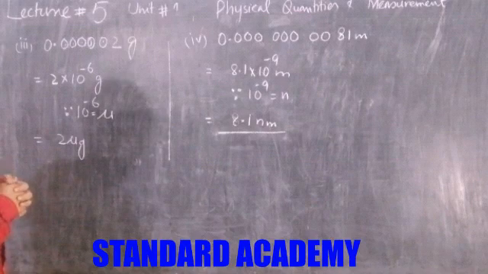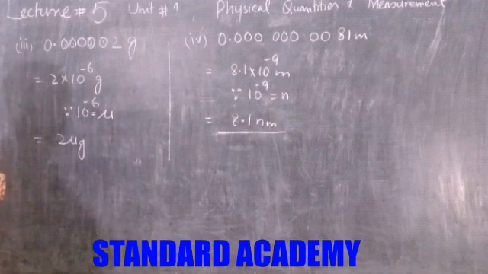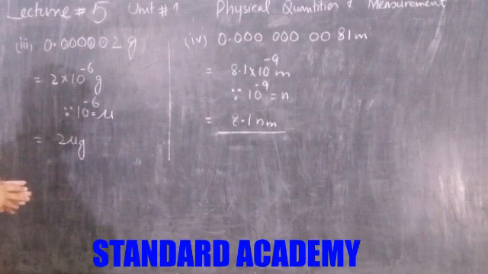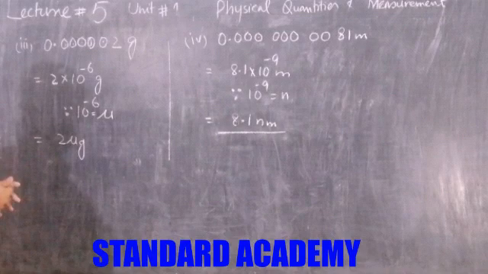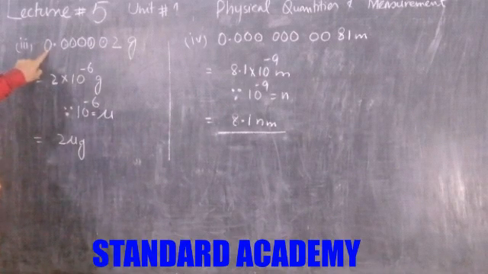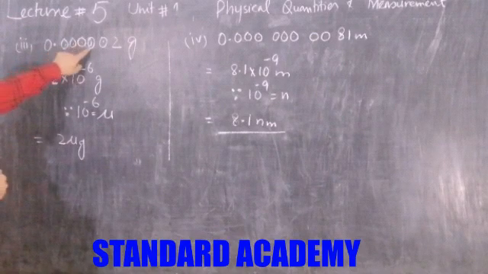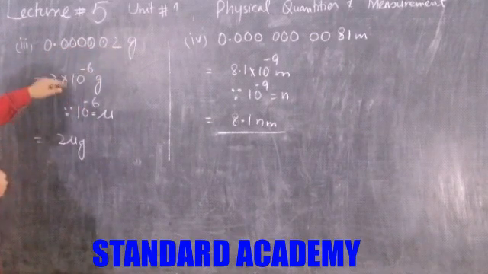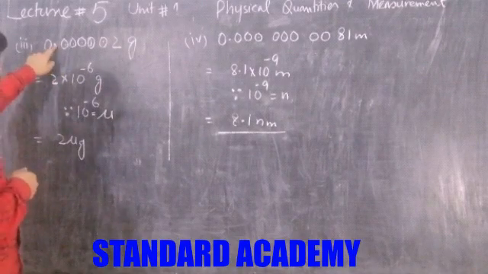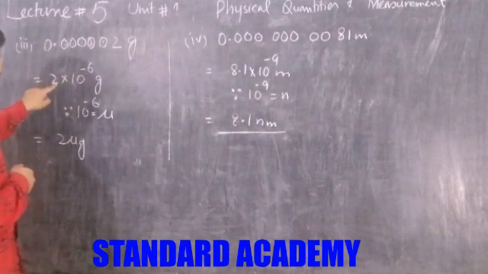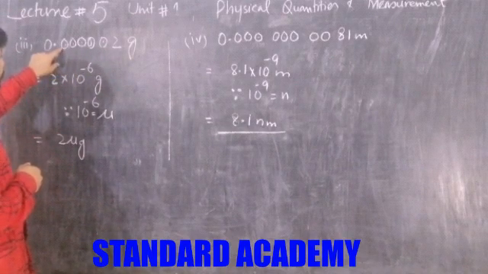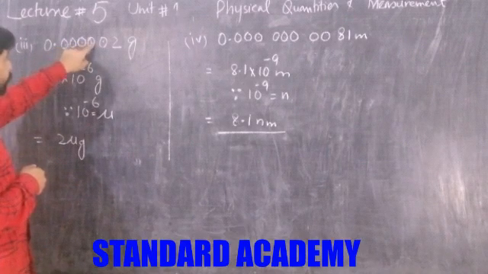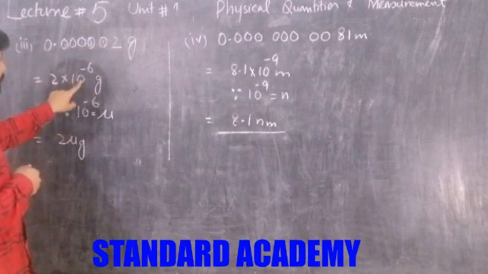So we have some other examples for prefixes. There are also negative powers, and the negative powers also carry prefixes. So here we have the example of 0.000002. We have to shift this point to here. After this I will count the number of terms 1, 2, 3, 4, 5, 6, and this stands for 6.